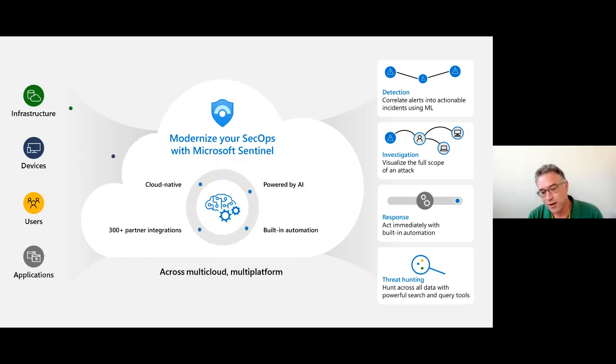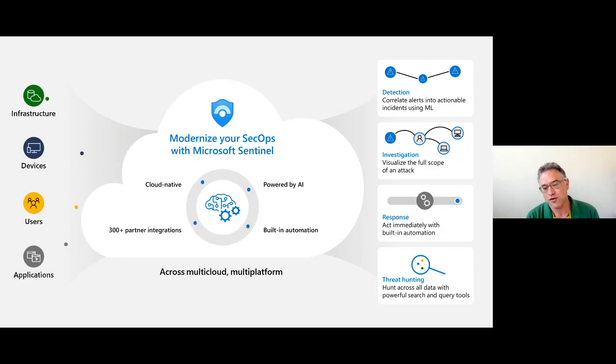Once the data is within the platform, you can detect threats by correlating the data and triaging it into an alert, into an actionable incident that you can act upon, detecting a breach or a breach attempt in the environment. Investigate the full scope of the attack, being able to visualize the data, and there's a handful of tools in Sentinel to investigate a security incident.